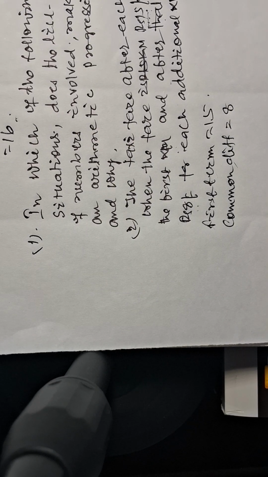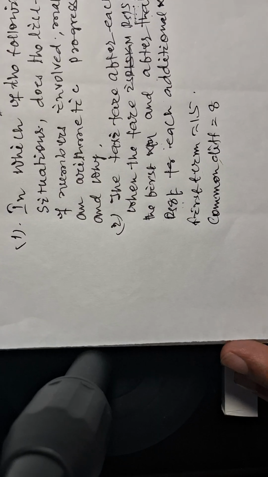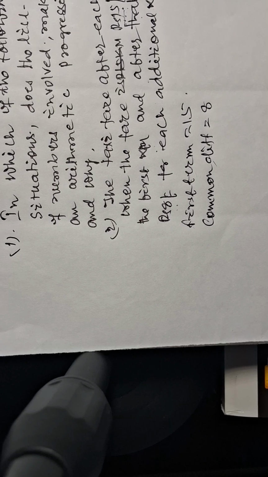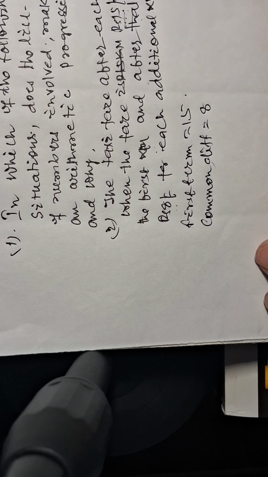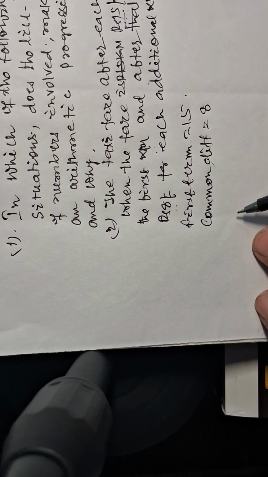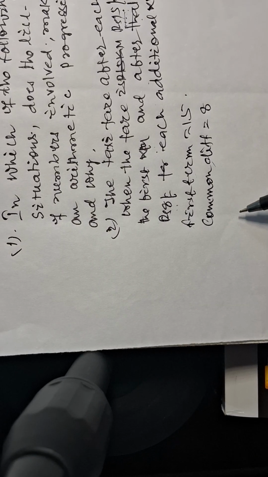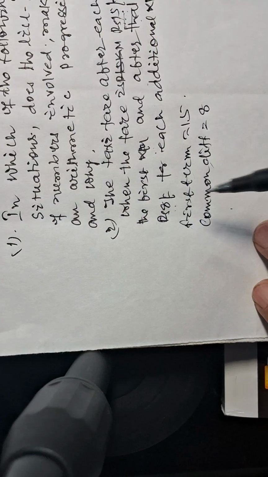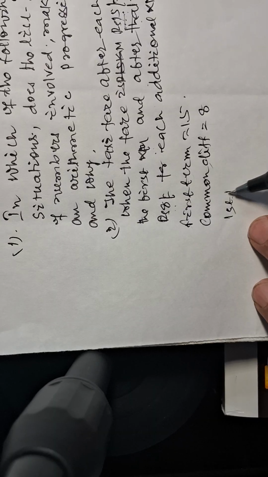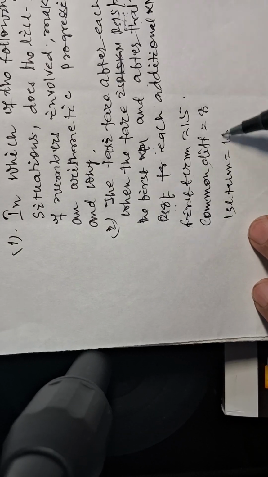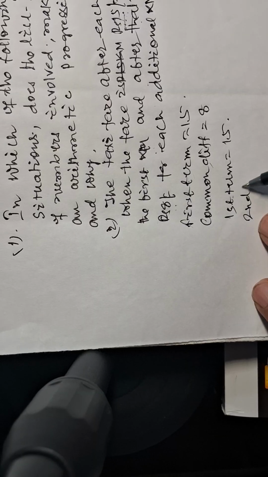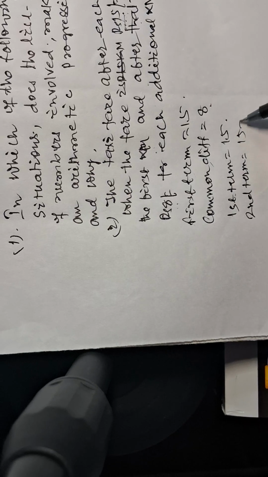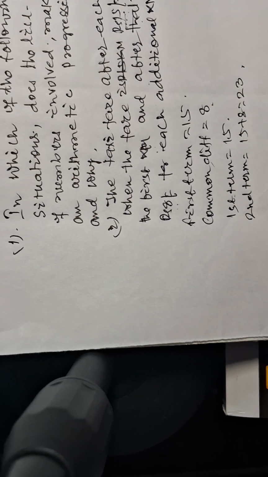Now we have to prepare a list of the arithmetic progression. How will I find it? The first term A is 15. The second term: the common difference is 8, so 15 plus 8 is equal to 23.